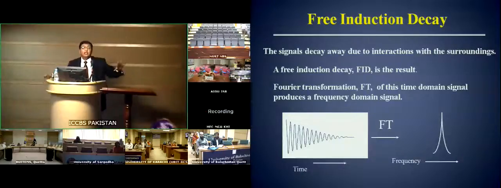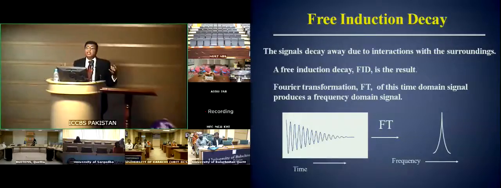You don't do anything else. Now at this stage, once your experiments finish, you put all the FIDs together, convert them into numbers, do the so-called Fourier transformation, and record an excellent spectrum. Reason?